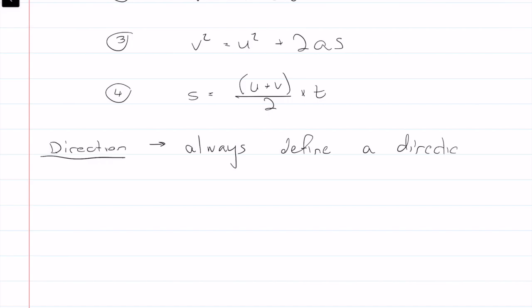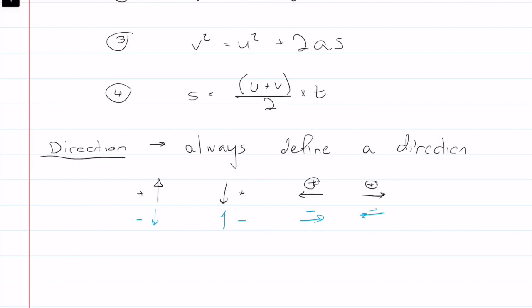The way you define them is, let's say we have something moving upwards, then we say up is positive, or we can say down is positive, or left is positive, or right is positive. Conversely, if up is positive, then down has to be negative, and if right is positive, left has to be negative.